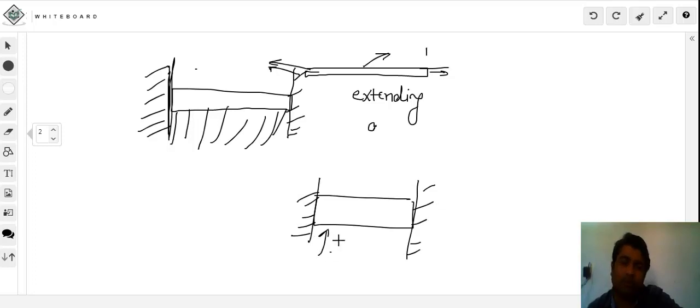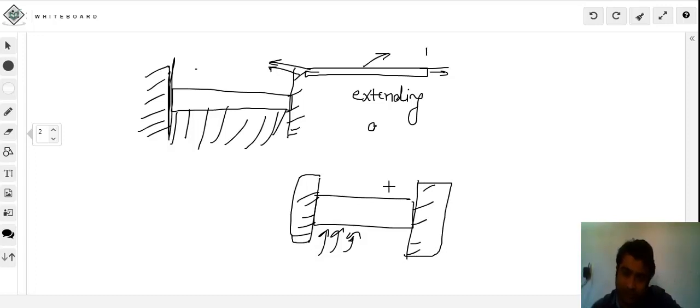Now when you provide heat, it will again try to expand, but due to this blockage, due to this obstacle, it won't be able to expand. Understood? Now this rod will try to push this wall in this direction and the wall will try to push it in the other direction.